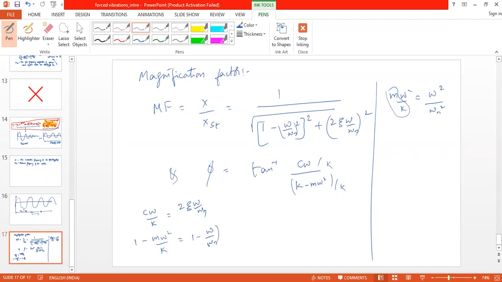So this is equal to 1 minus omega by omega n whole square. So phi is equal to tan inverse of 2 zeta omega by omega n divided by 1 minus omega by omega n whole square.